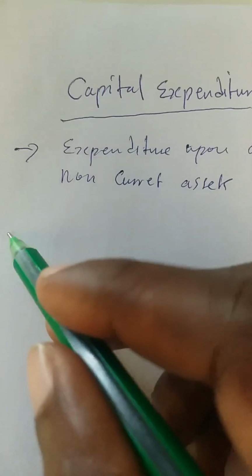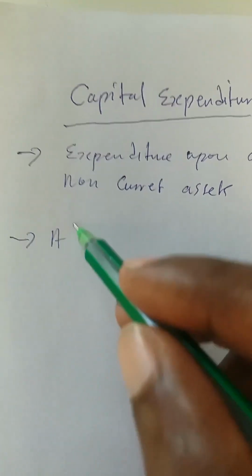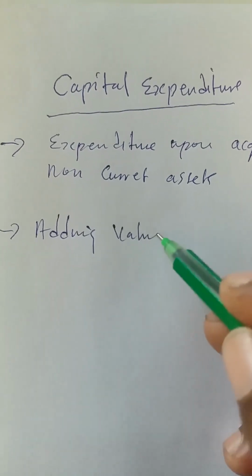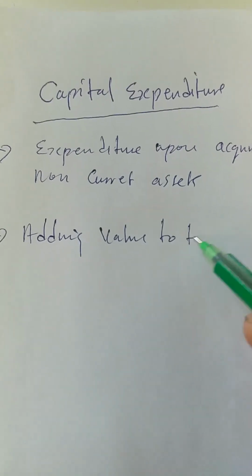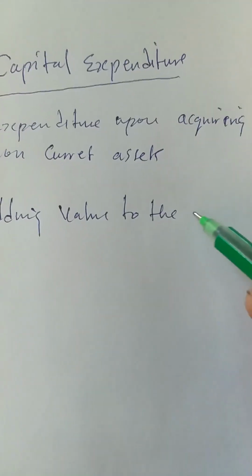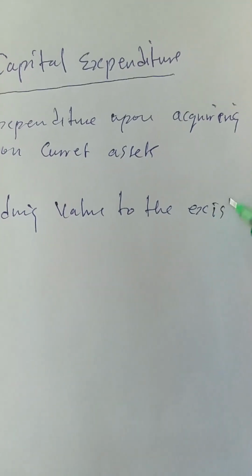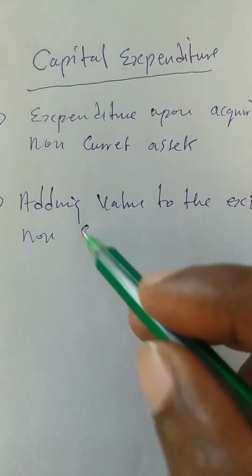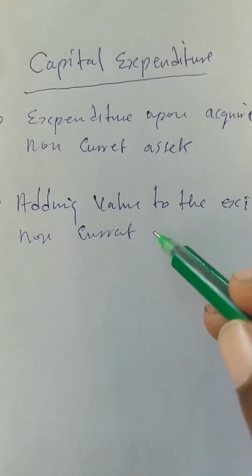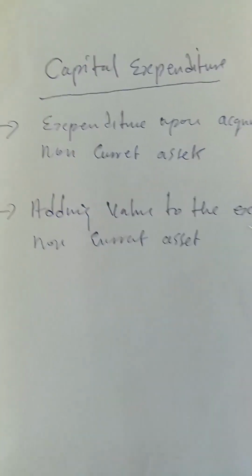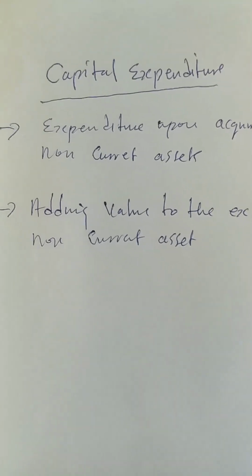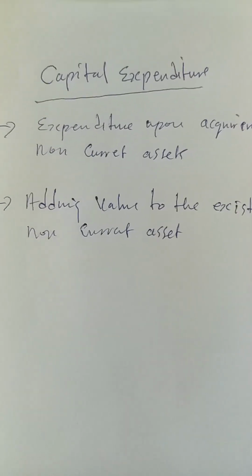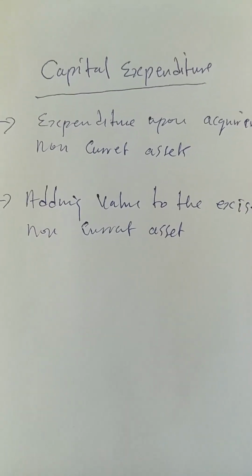Then any other expenditure when you are adding value to the existing non-current asset. Any expenditure incurred when adding value to an existing non-current asset, we classify that expenditure as a capital expenditure.